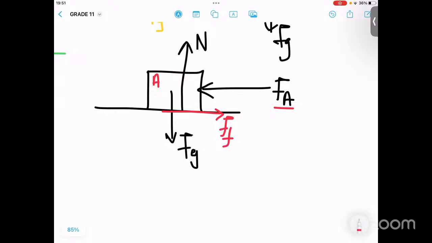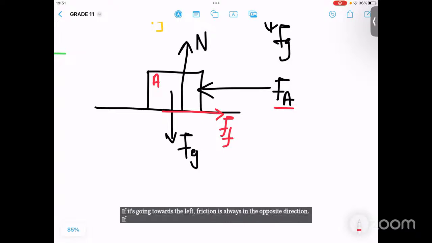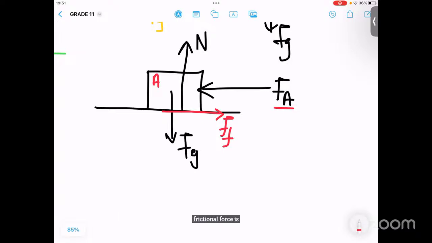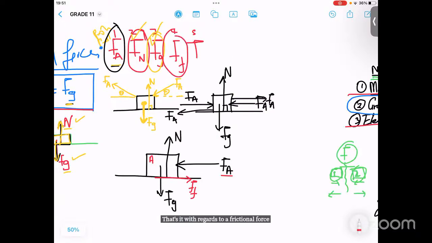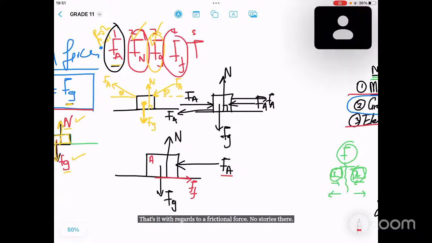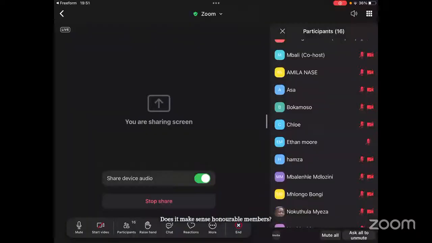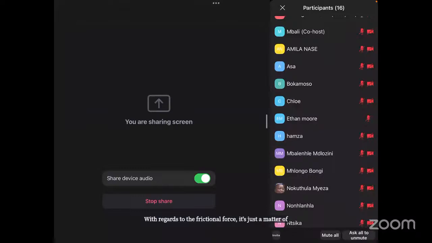So it all depends on where the object is going. If it's going towards the left, friction is always in the opposite direction. If the object is moving towards the right, frictional force is opposing. That's it with regards to the frictional force. No stories there. Does it make sense, honorable members? It's just a matter of where the object is going.